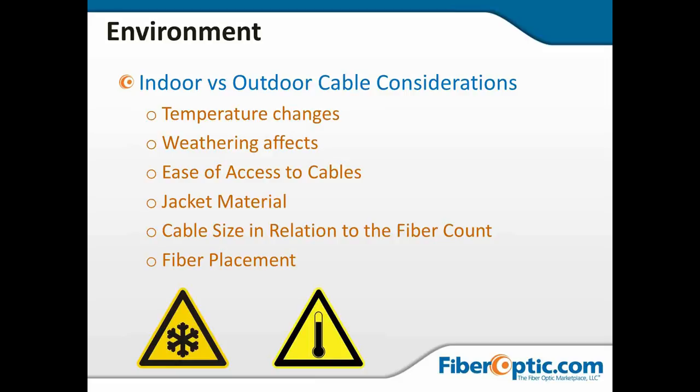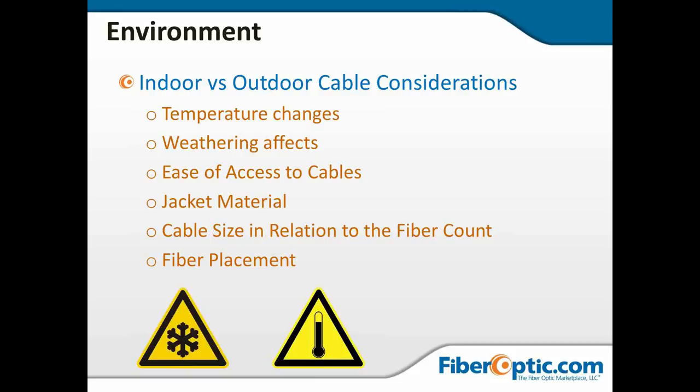What jacket material are we going to use? Some jacket materials slide more easily against each other, and others are going to drag and create a problem with getting additional fibers in. Cable size in relation to the fiber count.